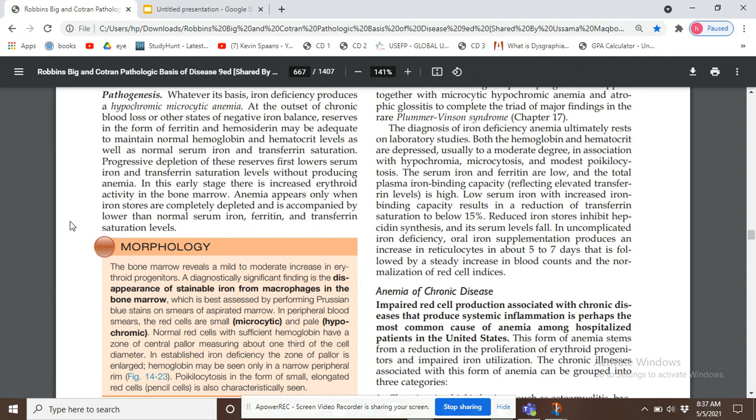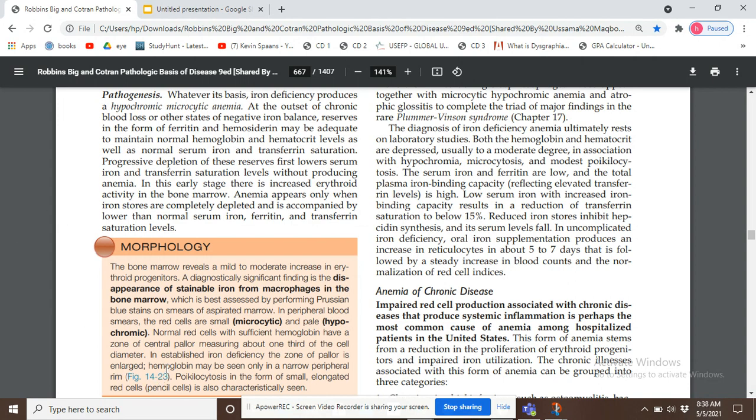In the peripheral blood smear, we will see red cells that are small, microcytic, pale, hypochromic. Normal red cells with sufficient hemoglobin have a zone of central pallor measuring about one third of the cell diameter.